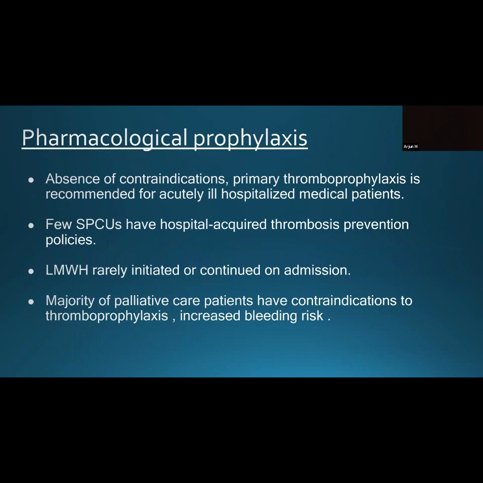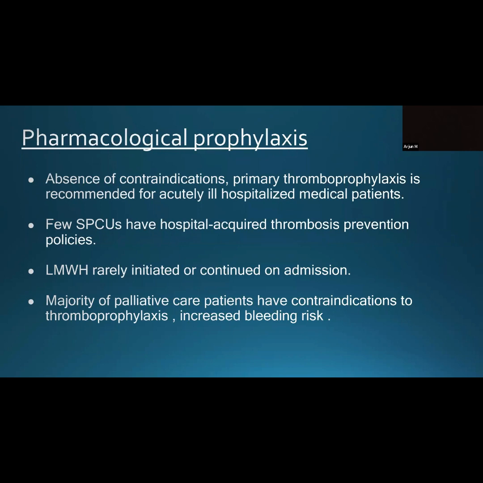Now, with regard to pharmacological prophylaxis, if there's an absence of contraindications in a patient, prophylaxis is recommended for an acutely ill hospitalized patient. However, what has been found is that very few specialized palliative care units worldwide have a hospital-acquired thrombosis prevention policy or plans.